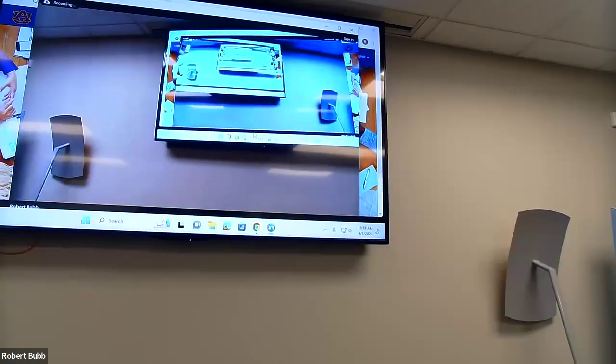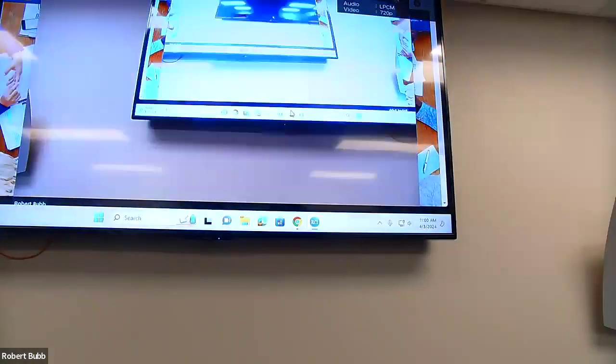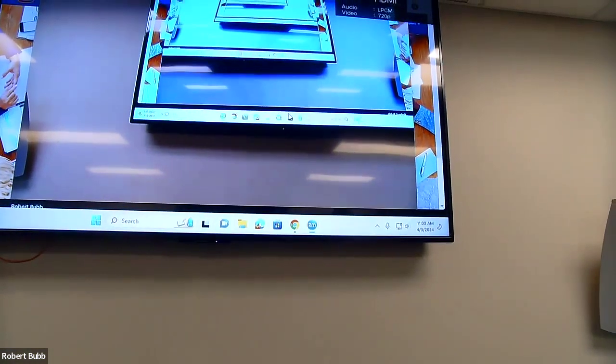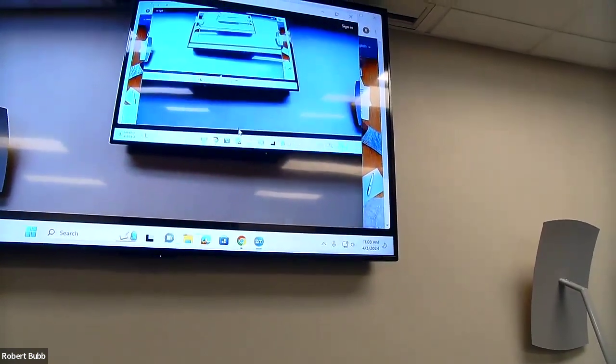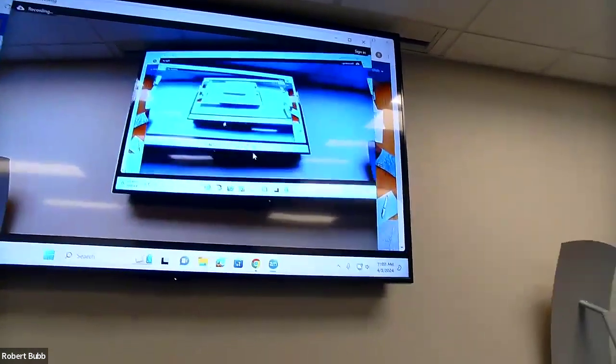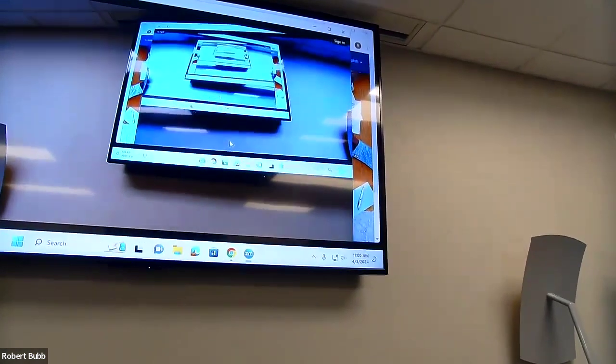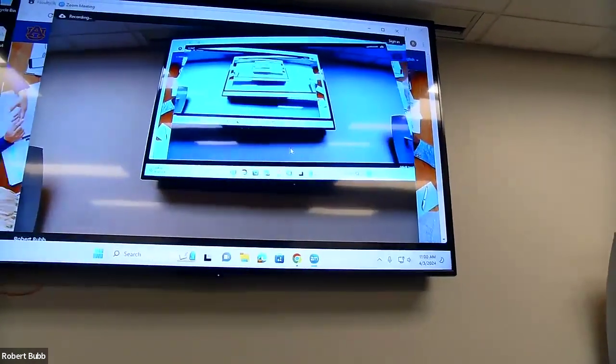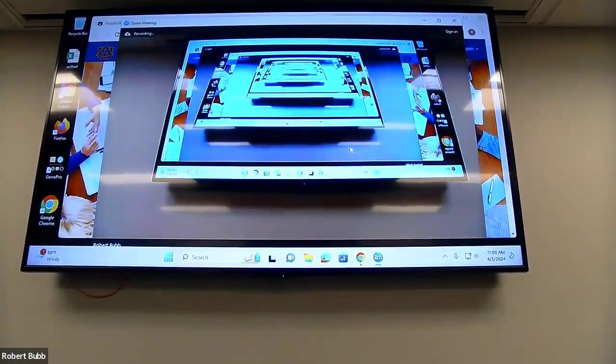Here, I'll switch it over. If there's any way to zoom in and kind of fill in that screen, that'd be great.